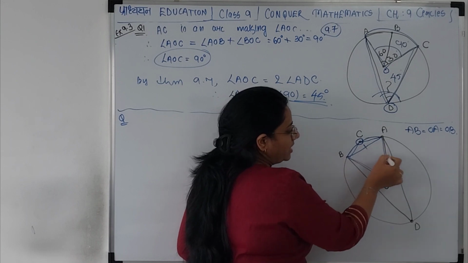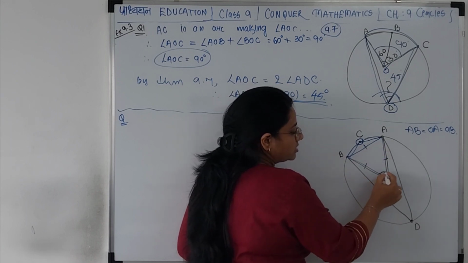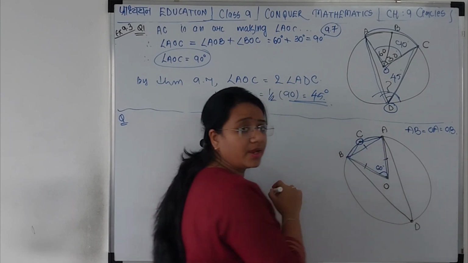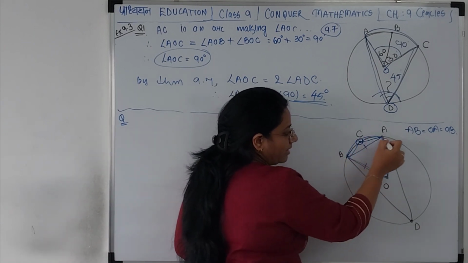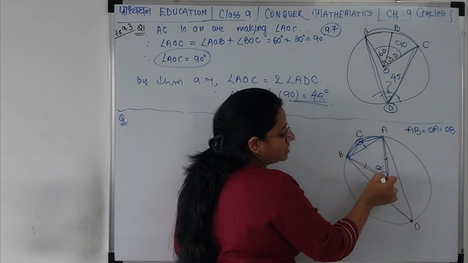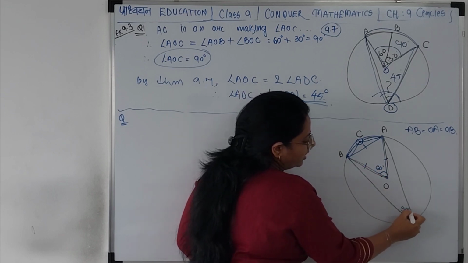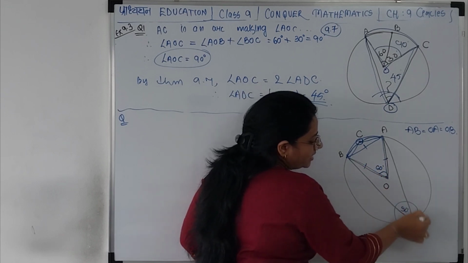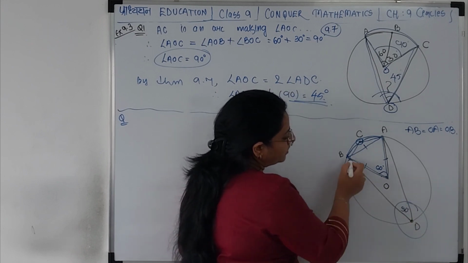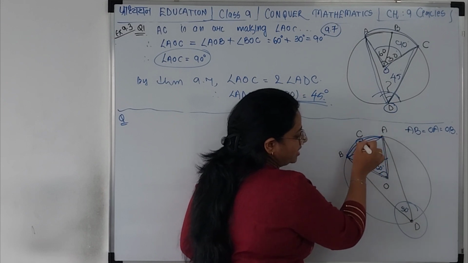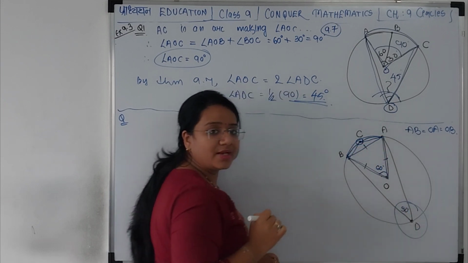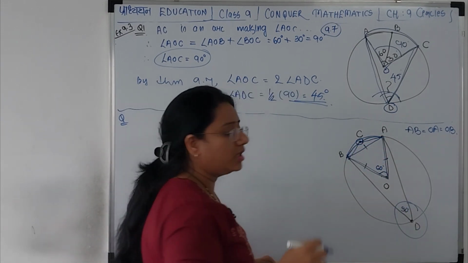Now we have AB equal to OA equal to OB. So this angle will be 60, equilateral triangle, correct? And if this is 60, arc AB is making angle 60 degrees at the center. So this will be 30, correct? Now this angle is 30. So if you can see, A, C, B and D are concyclic points, they lie on the same circle.